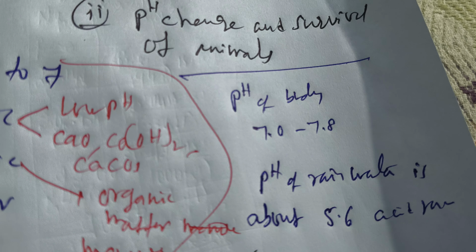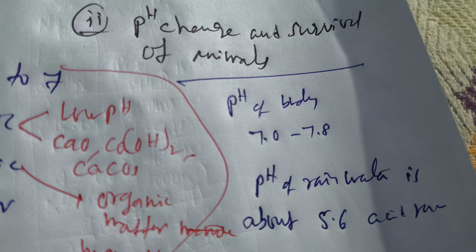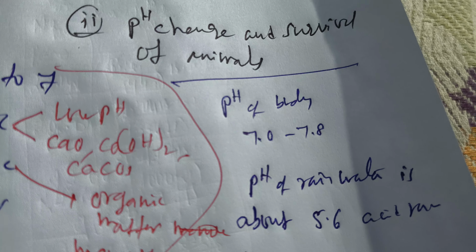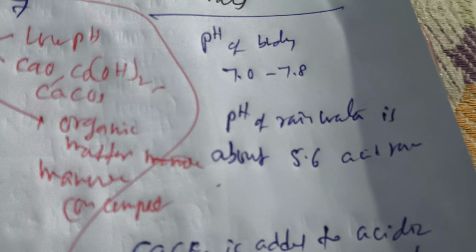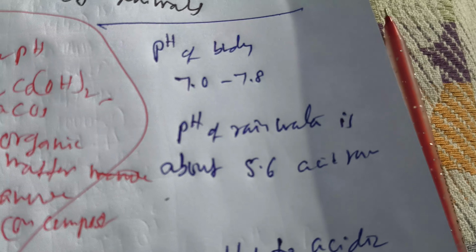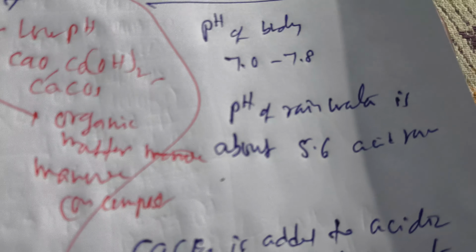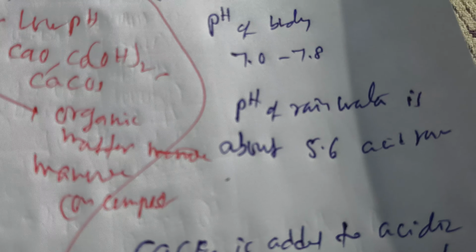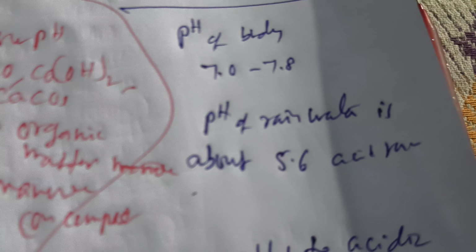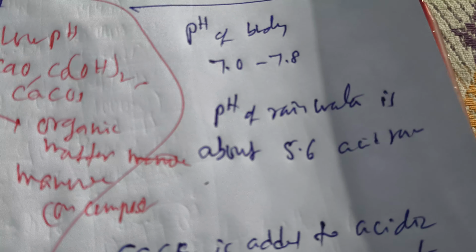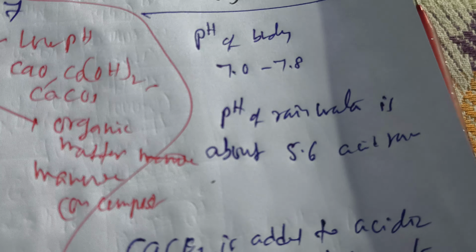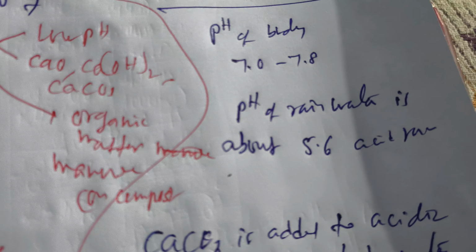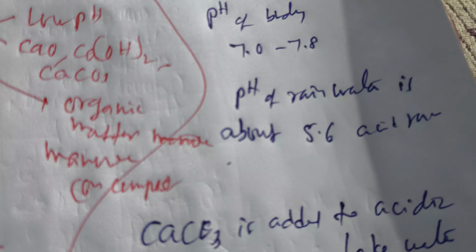If due to some reason the pH range gets disturbed in the body of a person, many ailments can occur. Some problems will arise in our body. Especially aquatic animals can survive in lake or river water only within a narrow range of pH. We know that water is neutral in nature, which helps aquatic animals like fishes survive.